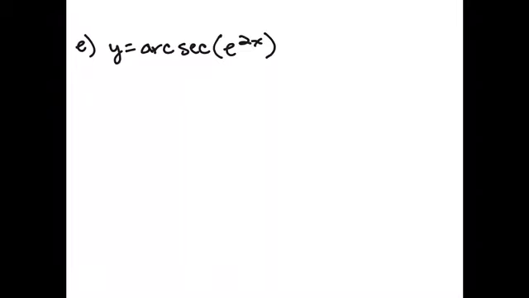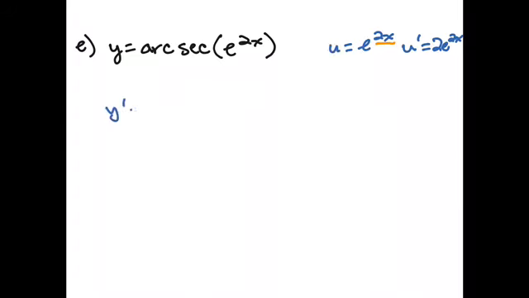Okay, we have an arcsecant of e to the 2x here, so my u is e to the 2x, and then my u prime, well, this is another chain rule problem. The derivative of e to the something is e to that something, but then we have to do times the derivative of the inner function, so this is going to end up being 2 e to the 2x.